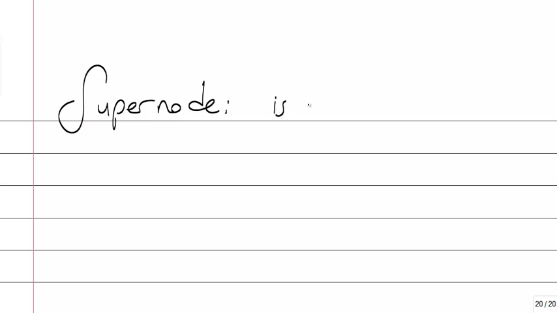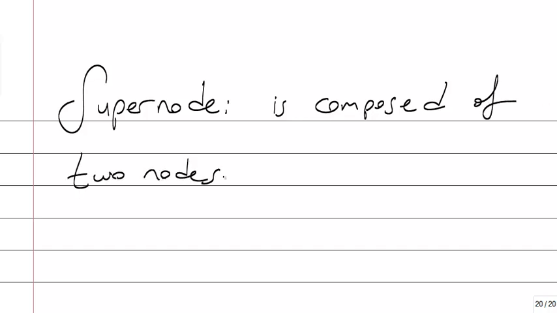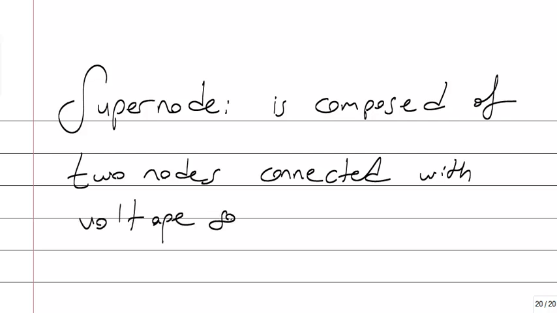What's a super node? It is composed of two nodes connected with a voltage source. Okay, it is the combination of two nodes. Two nodes together is a super node.